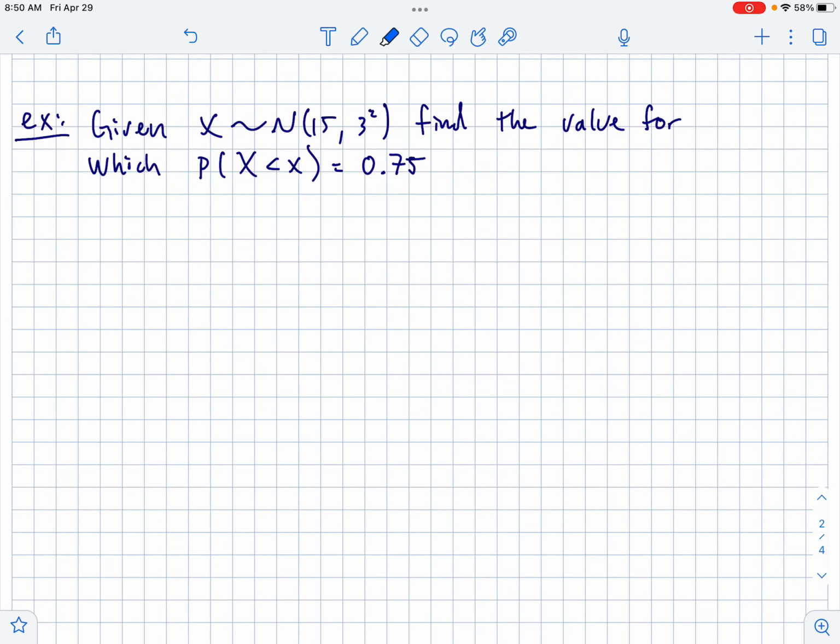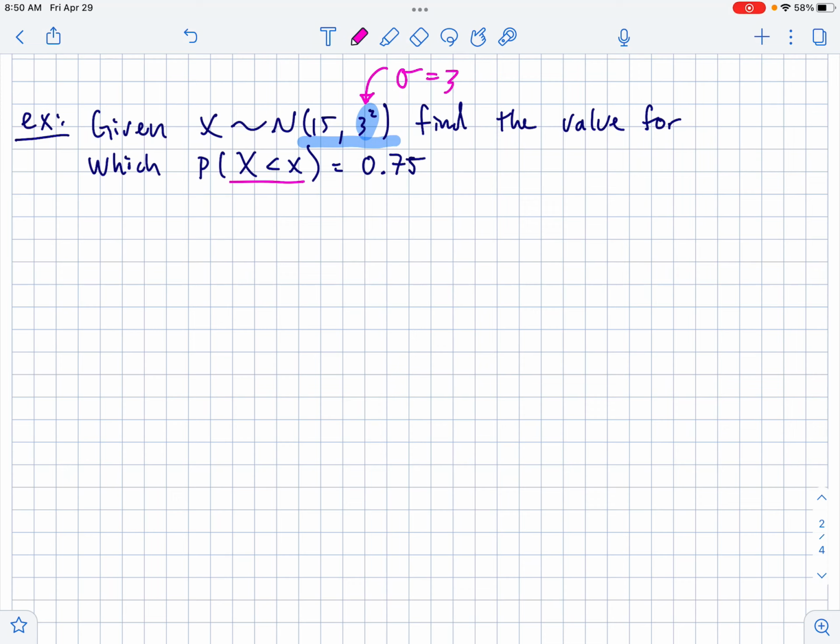Another one. Given that X is normally distributed with a mean of 15 and a standard deviation of 3. I realize that the book is weird, and for some reason they keep putting a square on it for the variance, but trust that the standard deviation is 3 here. Now, we're going to find the value for capital X is less than lowercase x, 0.75.